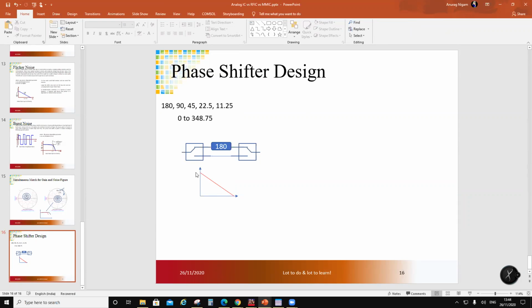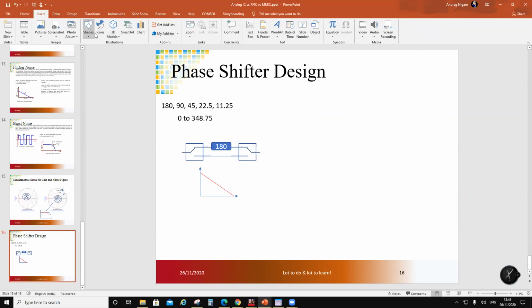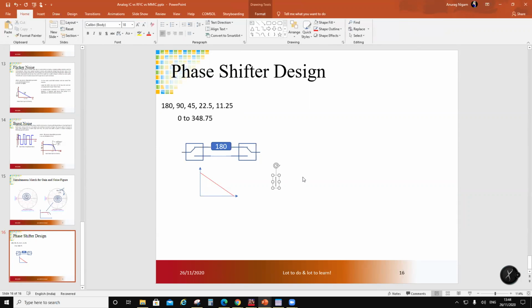So this is a negative number, right? So we are talking about delay. Here if this is minus 170, here it is going to be minus 190.